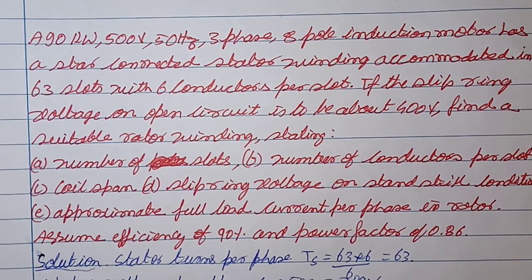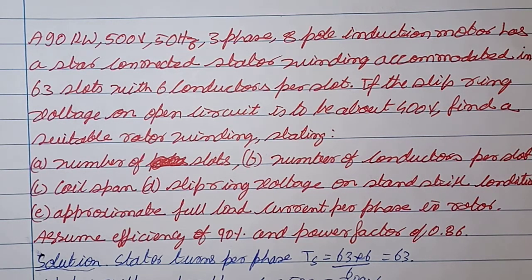Going to the last numerical, a 90 kilowatt, 500 volt, 50 hertz, 3-phase, 8-pole induction motor has a star connected stator winding accommodated in 63 slots with 6 conductors per slot.